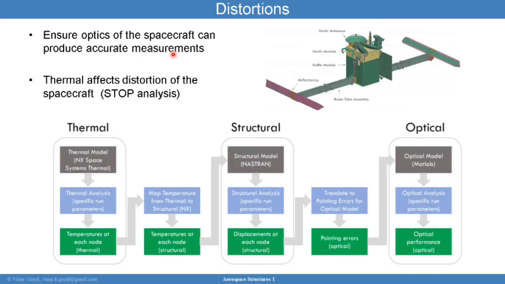Distortions is another area I would like to cover. So you have to ensure that the optics of the spacecraft can produce accurate measurements. Distortions happen in a lot of areas, but one area that's worth really talking about is that your optics instrumentation can be quite affected by thermal effects. And so what people sometimes do with spacecraft is an analysis called the STOP analysis.